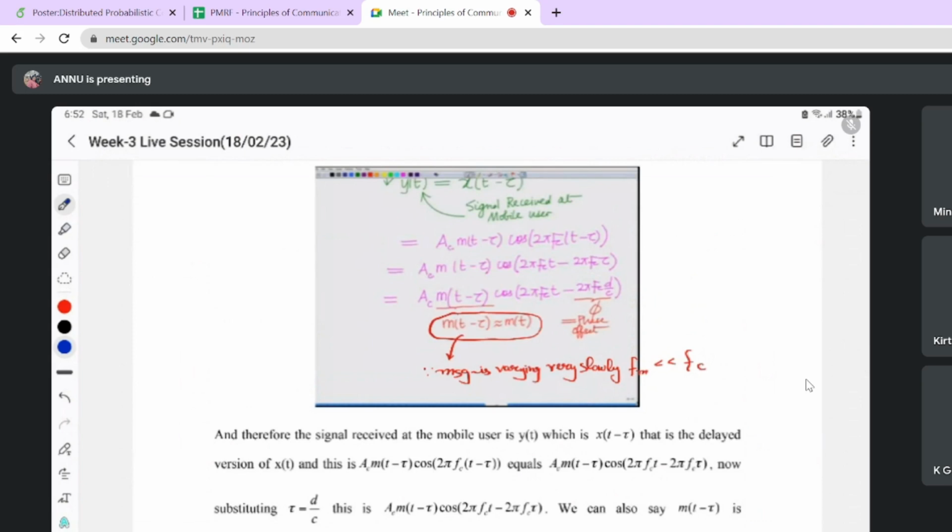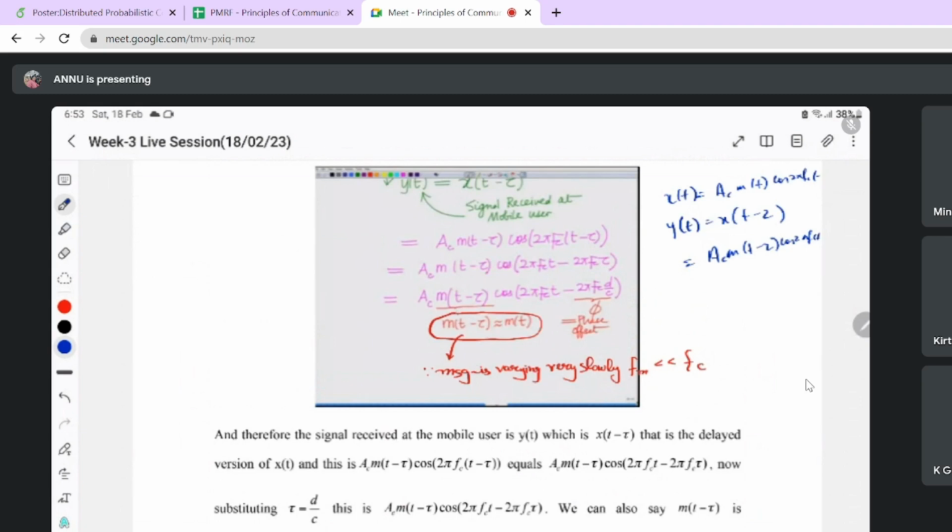And how can you write this in terms of the modulated signal m(t)? x(t) equals Ac m(t) cos 2πfc t, and y(t) equals x(t − τ), which is Ac m(t − τ) cos 2πfc (t − τ).